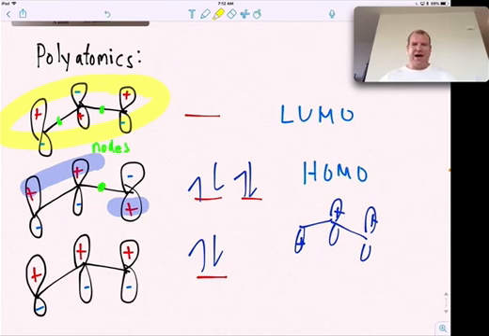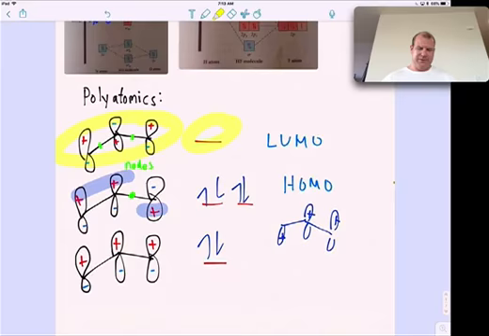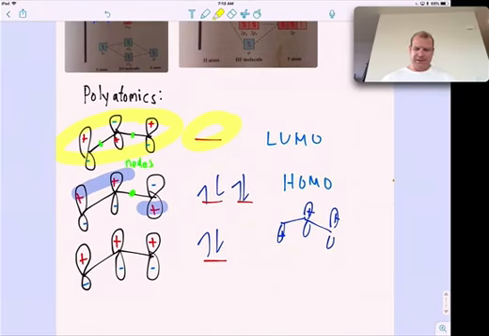That means highest occupied molecular orbital. And then here, this is known as a LUMO, lowest unoccupied molecular orbital. So that's something you can go on to if you study more organic chemistry. They'll talk about HOMOs and LUMOs.